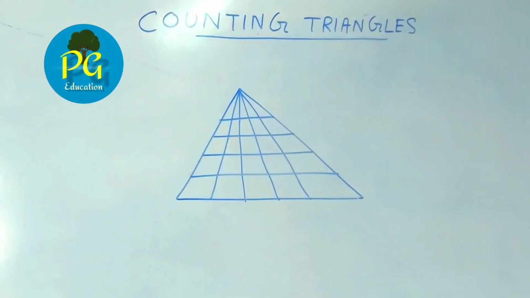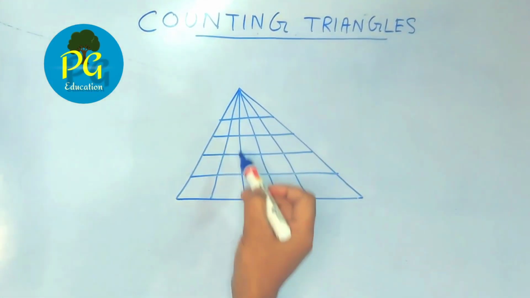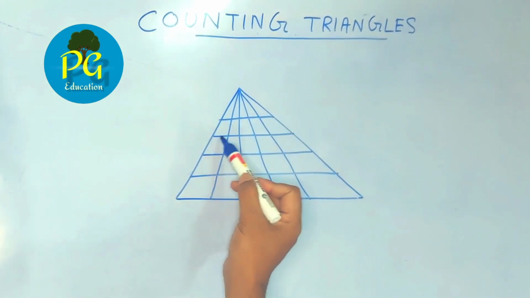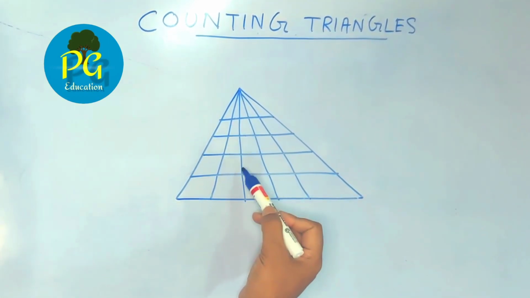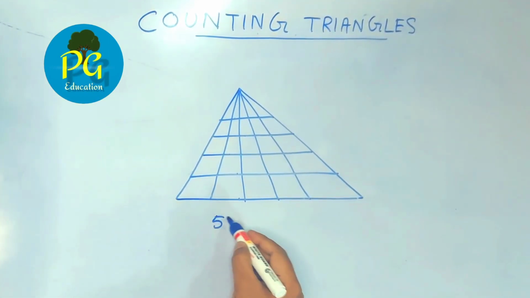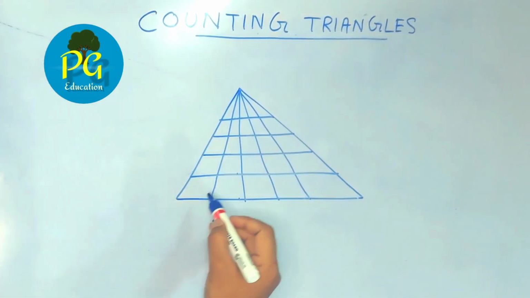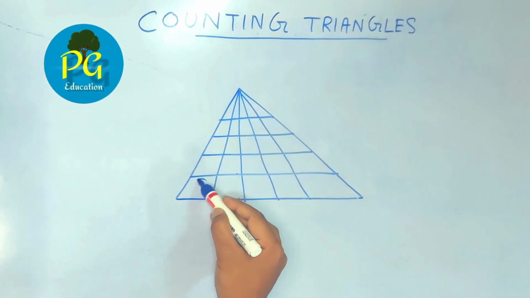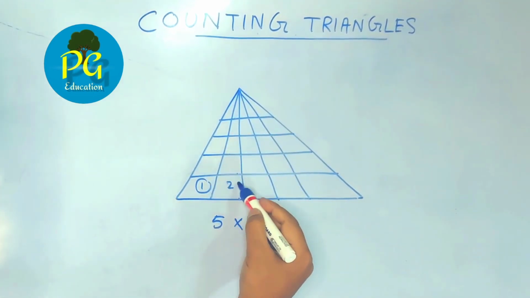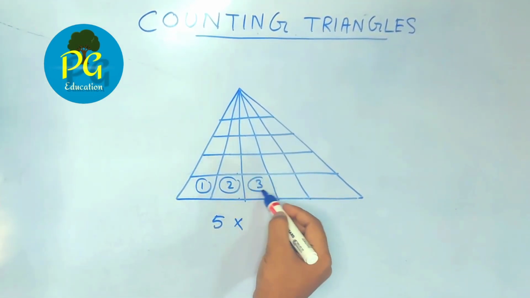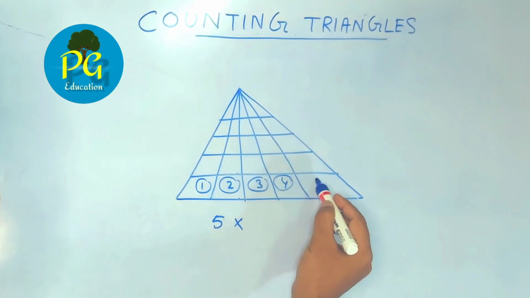In this figure, can you count the number of triangles? Yes, you can definitely count. How? First, see how many horizontal lines there are: 1, 2, 3, 4 and 5. Now give numbers to the triangles: 1, 2, 3, 4 and 5.